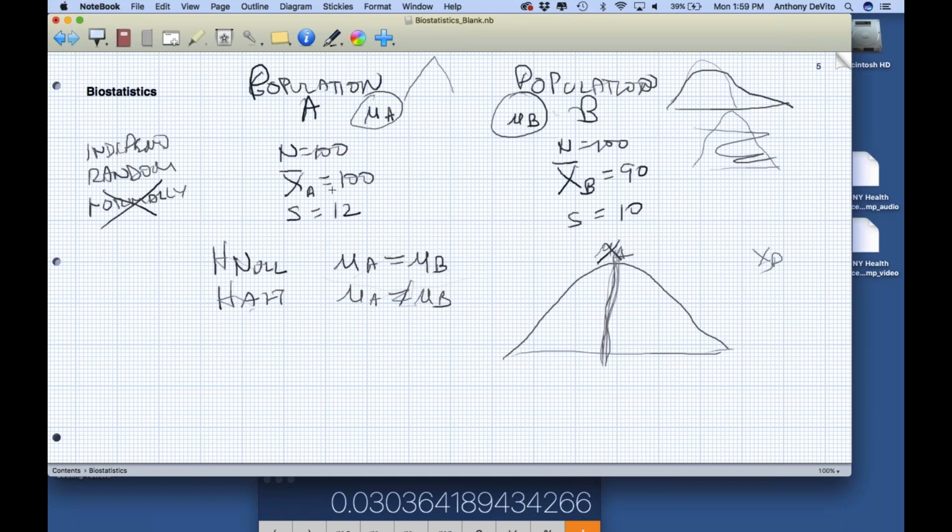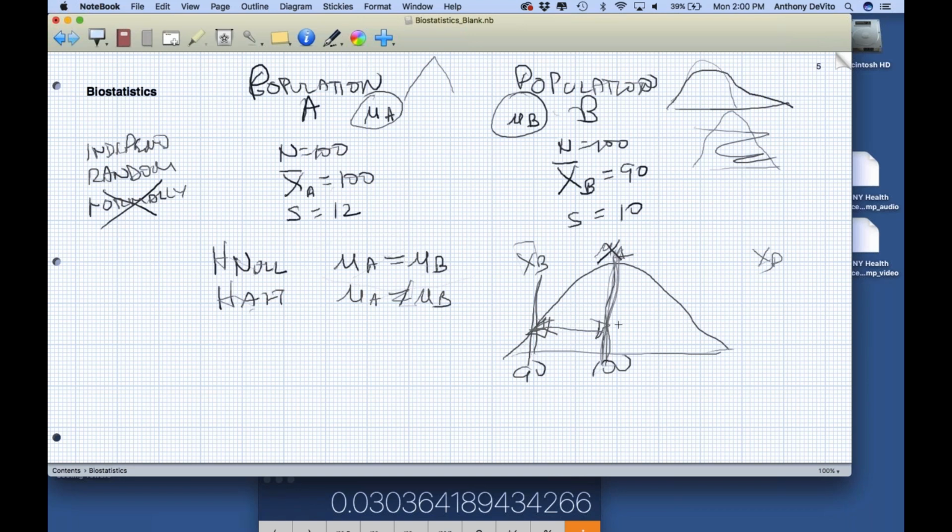So in this case, A was 100, B is 90. The mean for B is 90, right? So given what our samples would look like from these two populations, how likely is it that I would get that big a difference, right?